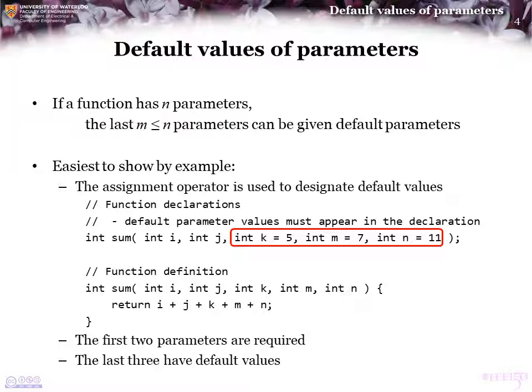These last three parameters, however, have default values, and the default values are specified using the assignment operator. And so now we have the function declaration that has the default values. Below this, you see the function definition, which just sums, in this case, the values of the 5 parameters and returns that.